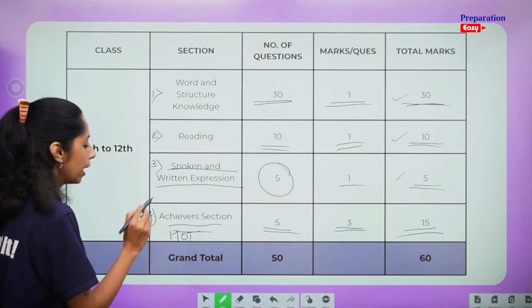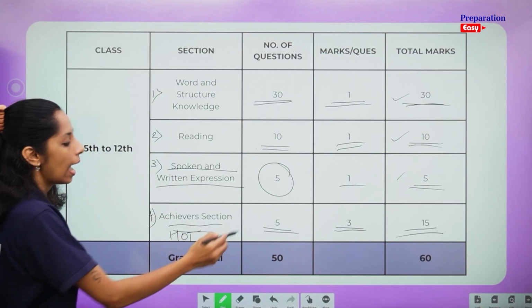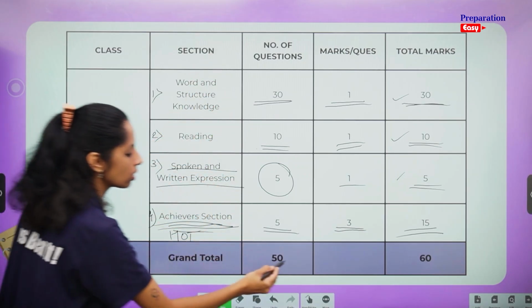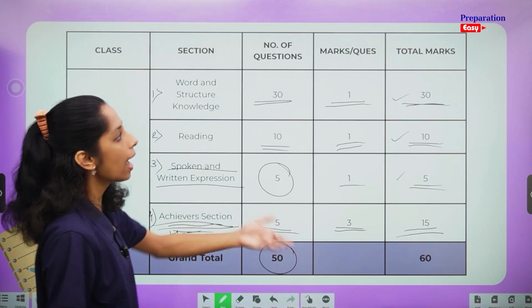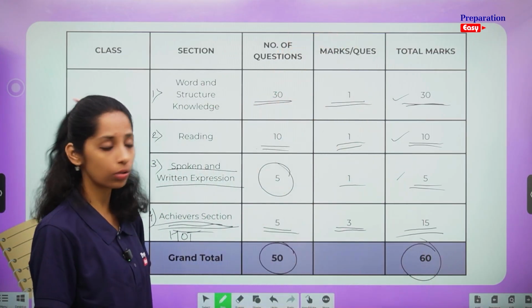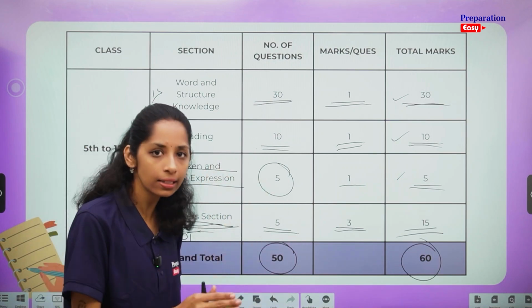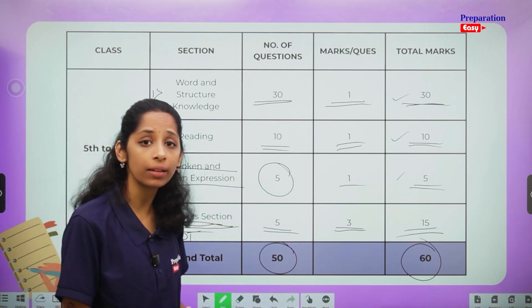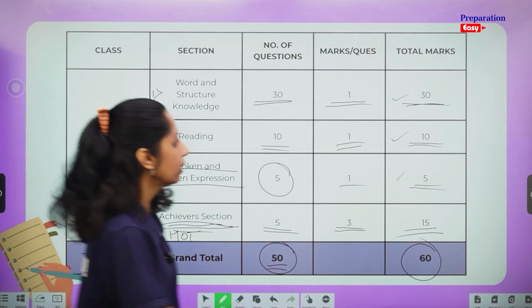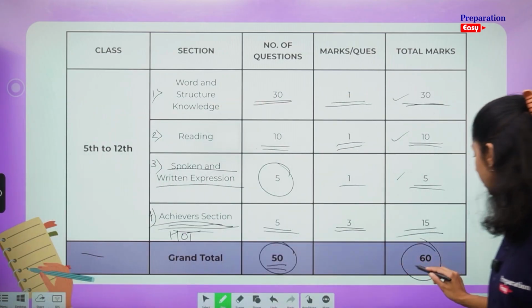Those are able to solve these questions, and this is the achiever section. So total questions are 50 and total marks are 60. Okay, so of course there will be longer texts and you have to read them. For that purpose the questions are 50 and the total marks are given as 60.